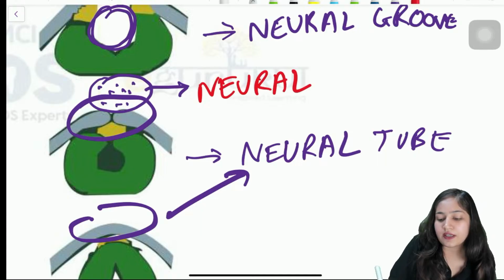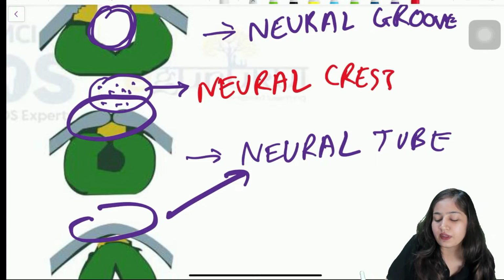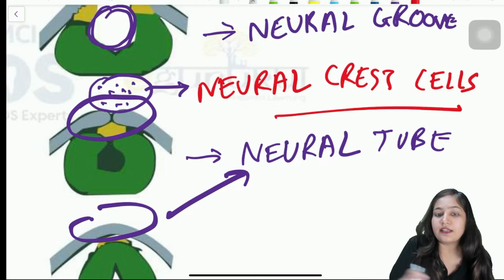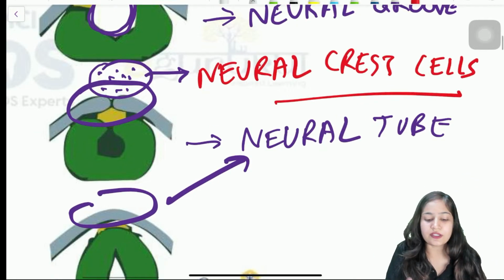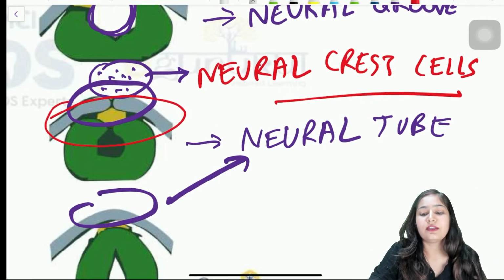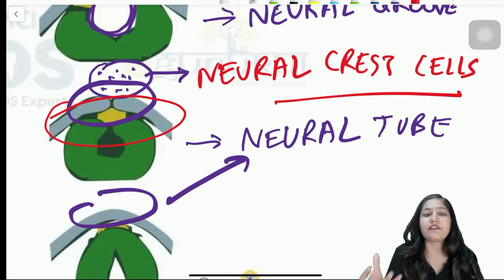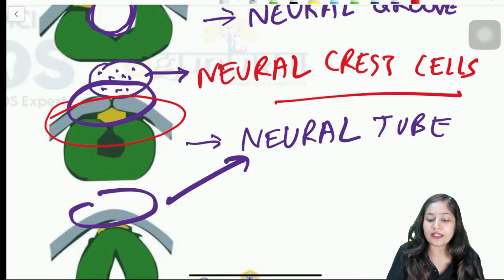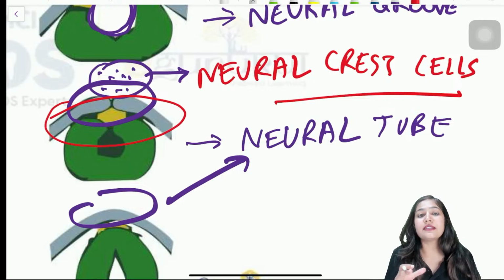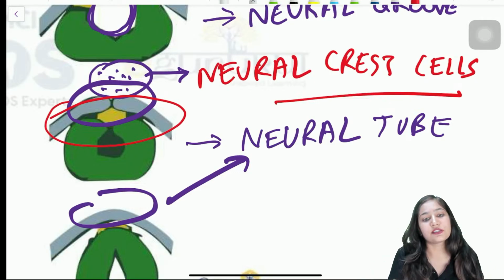They further undergo differentiation and lead to the formation of different structures such as face, teeth, pigmented cells, endocrine glands, right? So neural crest cells are involved not only in the formation of tooth but also many other structures.